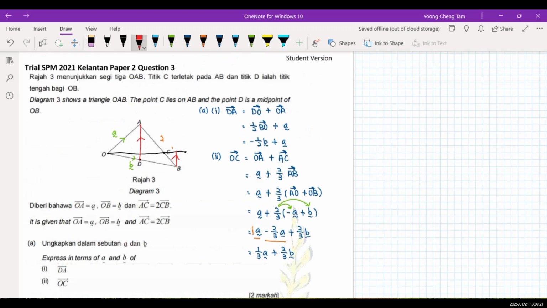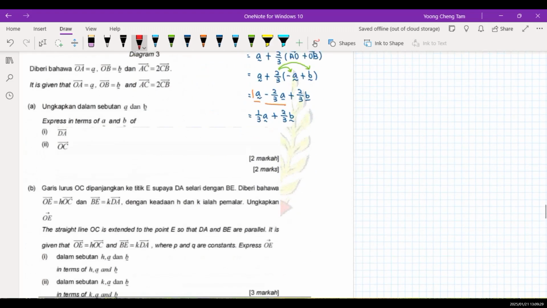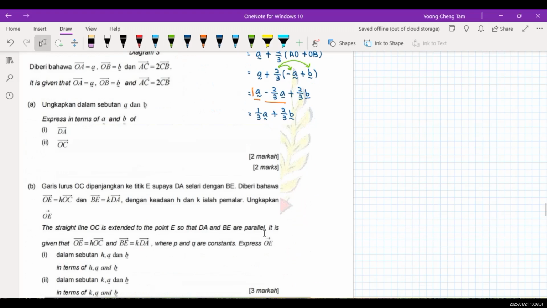So the diagram will look somehow like this. Of course, no need to draw the diagram. Continue. It is given that OE is equal to hOC and BE equals kDA, where P and Q are constants.